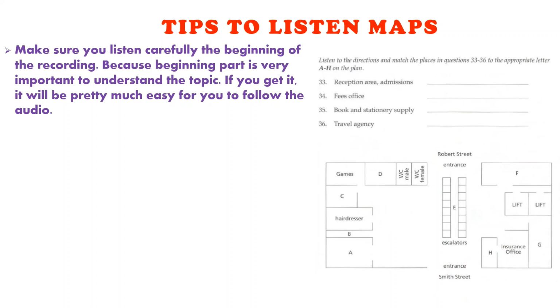If you didn't pay proper attention to the beginning, whether you are standing at Robert Street or at Smith Street, then it will become very difficult to start listening to the answers, because you don't know whether you are listening to F or to H. You have no idea because you missed the entrance point. So it is very, very essential that you keep yourself at the beginning place.